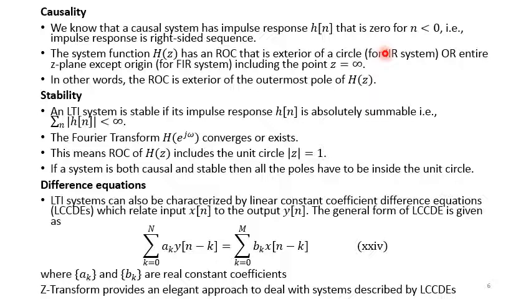For the case of the FIR system, that is finite impulse response system, the ROC contains the entire z plane except the origin and including the point where z equals infinity.